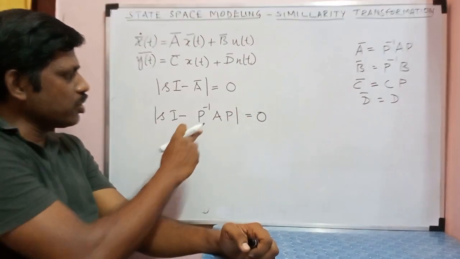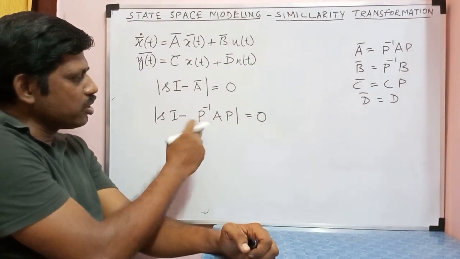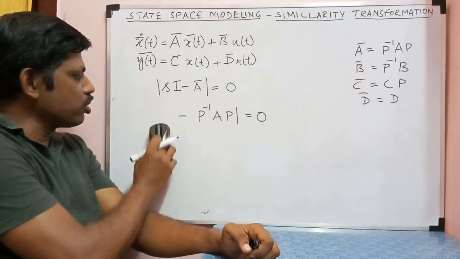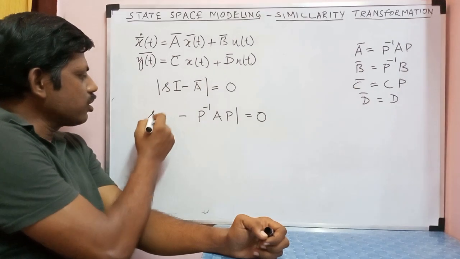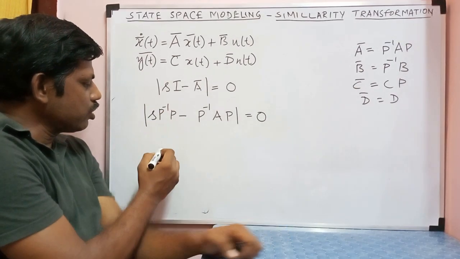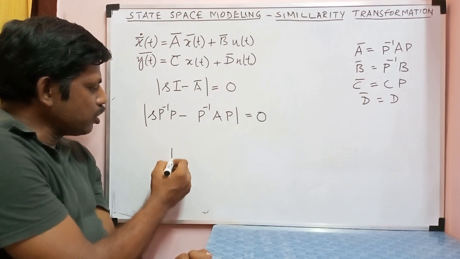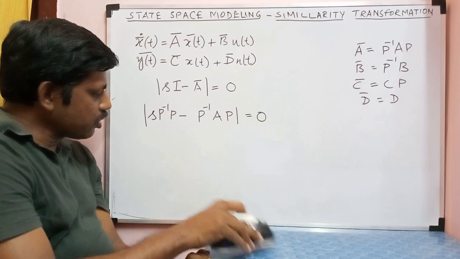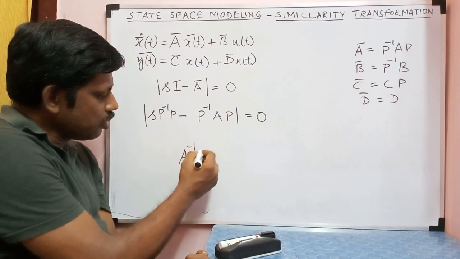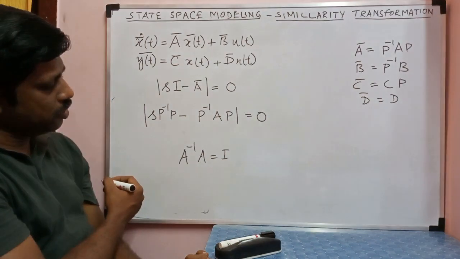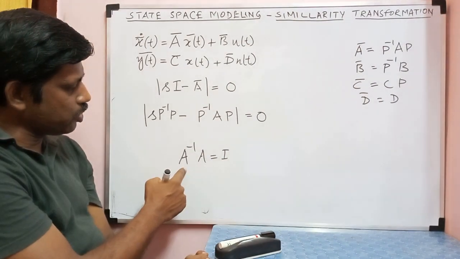But at the same time, since I have P inverse and P here, I can write this I also as P inverse P, because when I multiply the inverse of any matrix with that matrix, I am going to get an identity matrix. I'll use this principle.